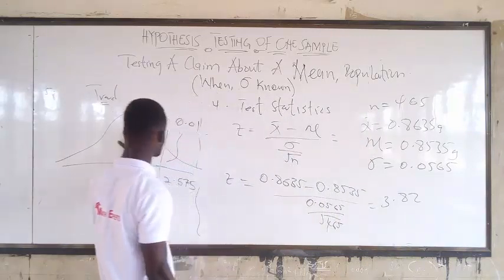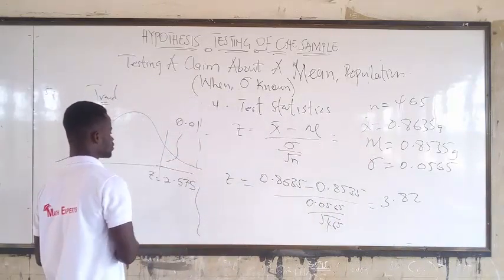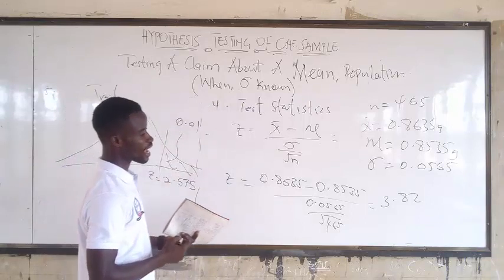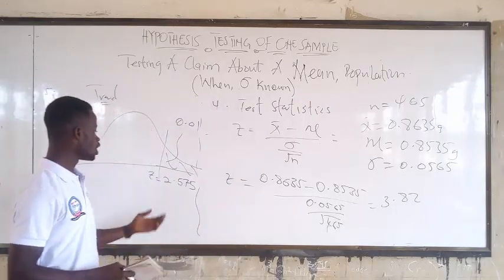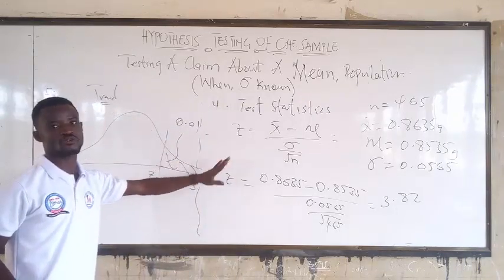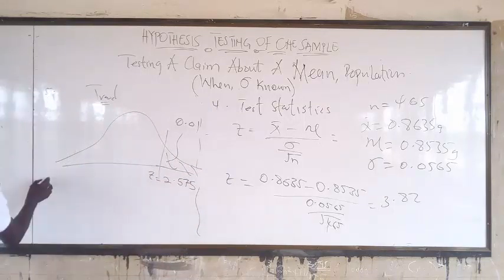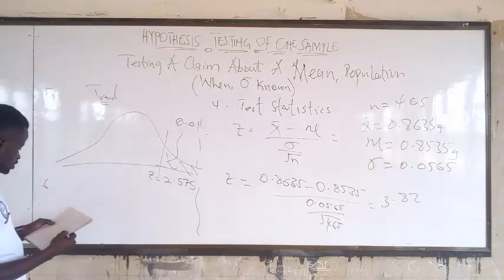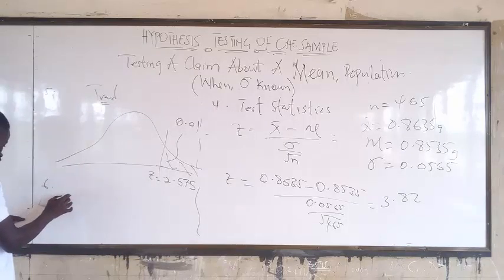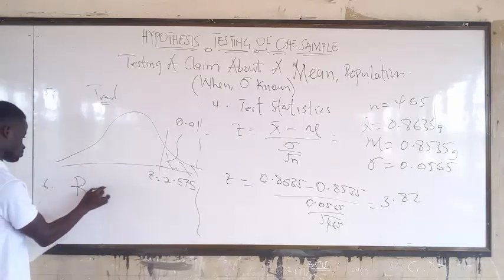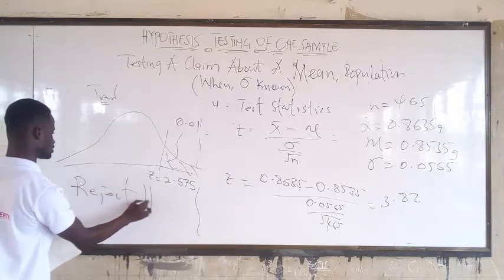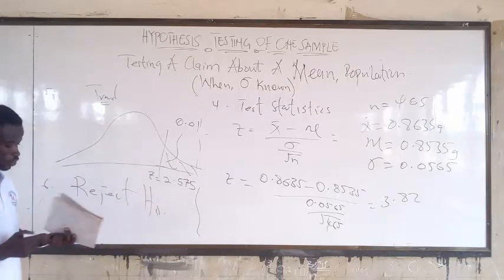This is your fail-to-reject region, and this is your rejection region. When you check, 3.82 falls within the rejection region. So the sixth stage is that you make your decision: you reject your H naught.